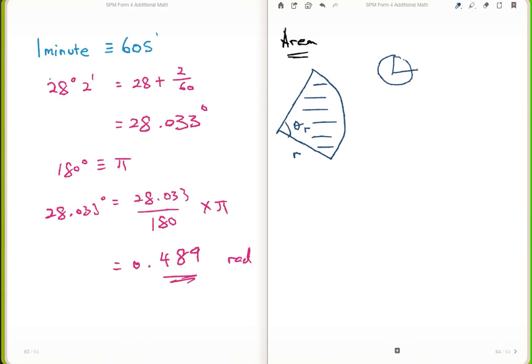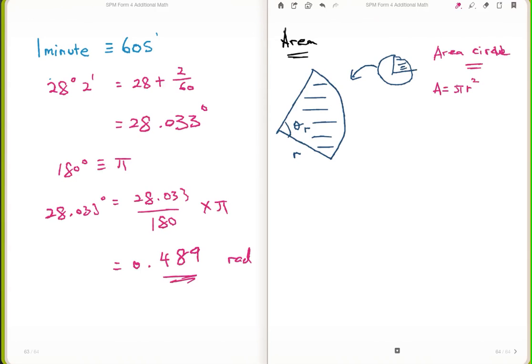You cut it off from a circle. Now, based on what you have learned in Form 3 in your lower grade last time, area of a circle is pi r squared.